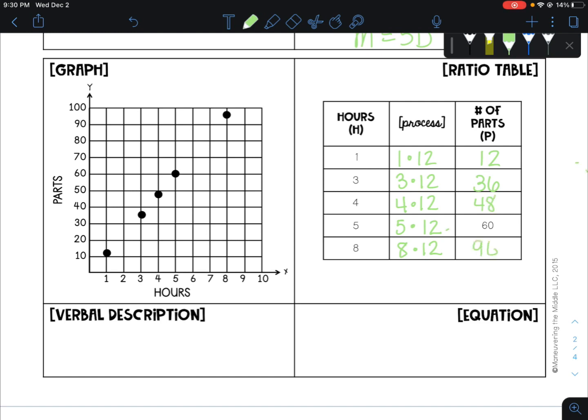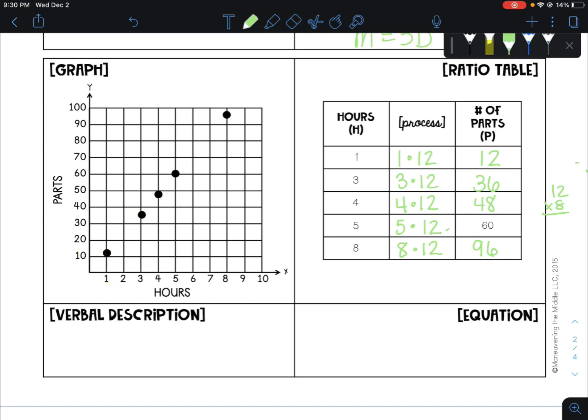And 8 times 12 is 96. If you weren't sure about that, you could write the multiplication out on the side. Okay, those are actually the exact same 5 points that we have on our graph. And you can see how on the graph they skip spaces. So that's how you know that skip counting isn't going to work because we're missing some in-between points.